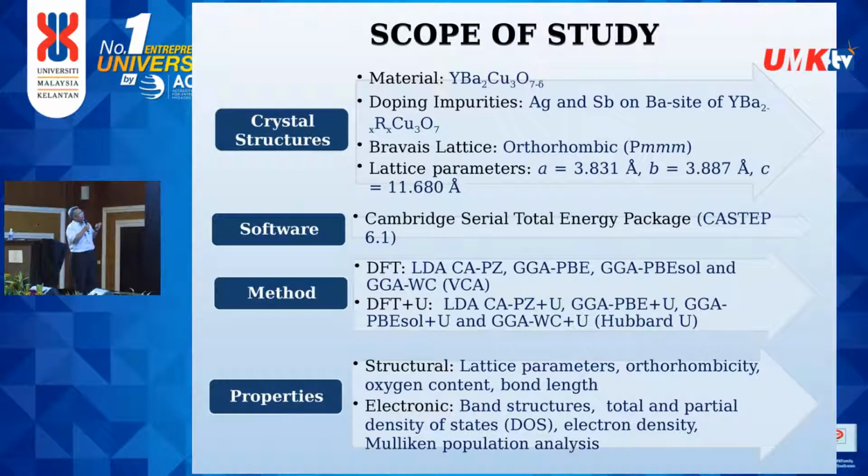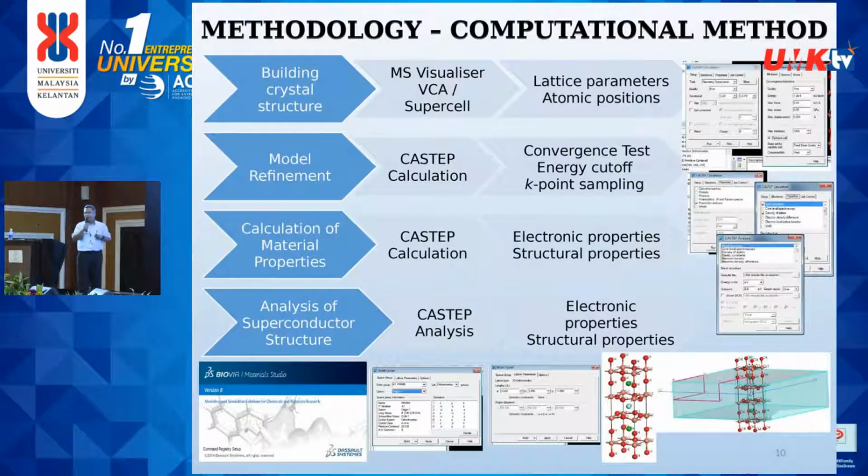So this is the methodology. First, we have to build a crystal structure. We use this software. When we compare with the experimental or previous structure and put all these elements in, the same structure comes out as before, which we can see on the right side.